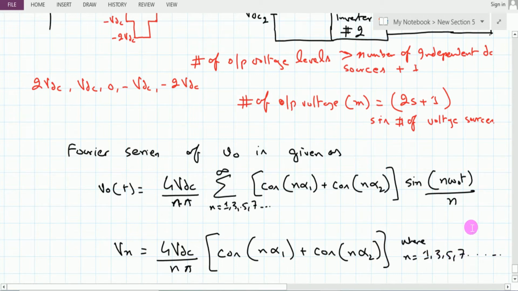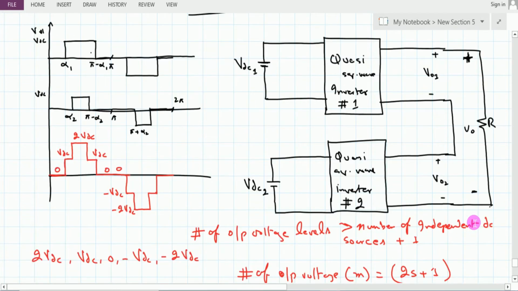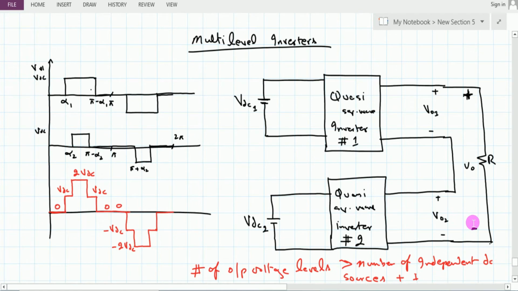Now this particular scheme has two different values of alpha, therefore the cumulative effect of the selection of alpha can result in the elimination of harmonics from this system.